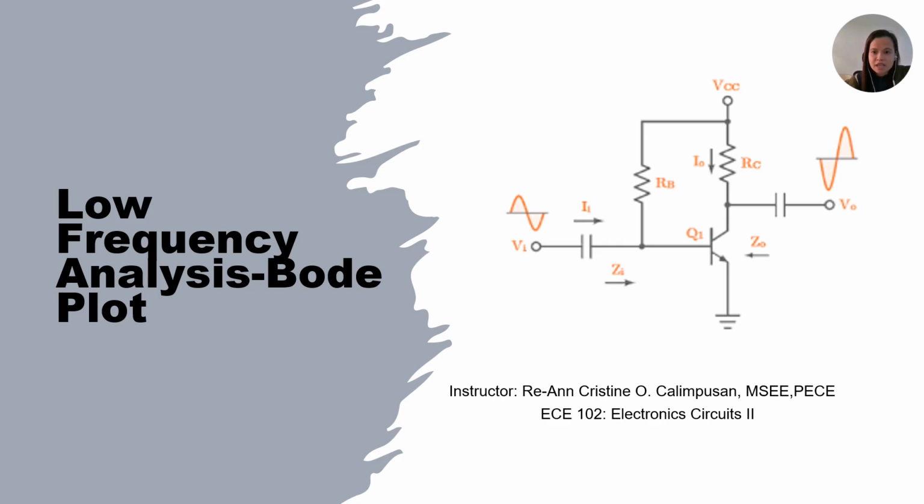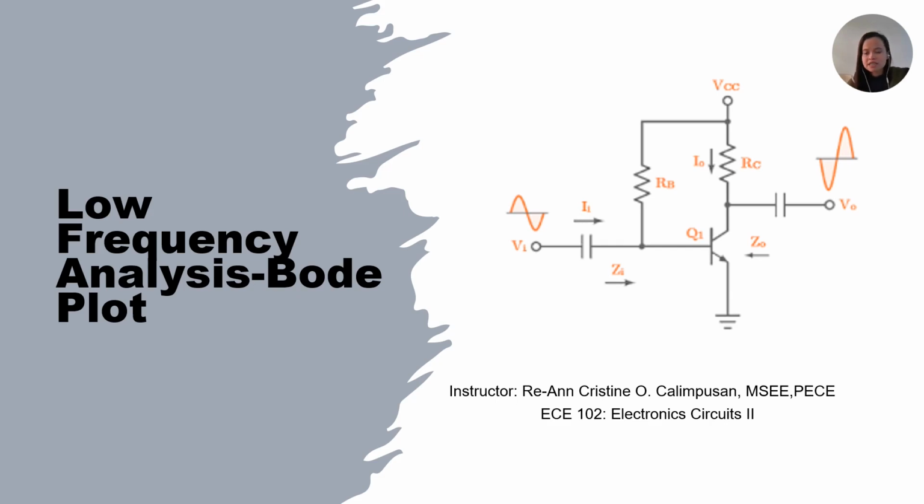Everyone, today I'll be talking about the low frequency analysis roadmap. In the low frequency region of the single stage BJT or FET amplifier, it is the resistive and capacitive combination, the resistor and capacitor formed by the network capacitors, the collector, the emitter or the source, and their resistive elements, that determine the cutoff frequency.